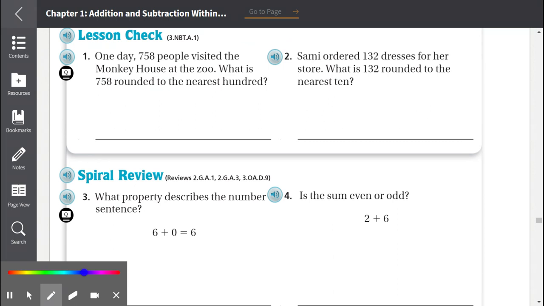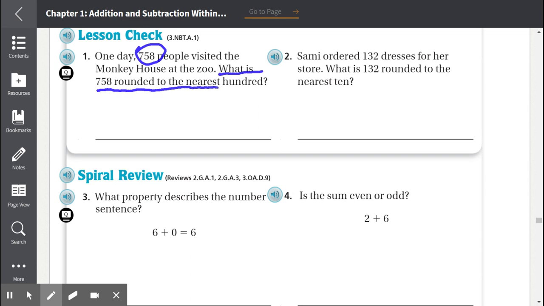One day, 758 people visited the monkey house at the zoo. What is 758 rounded to the nearest hundred? So let's find important numbers and keywords. So 758 people visited the monkey house at the zoo. Now, what is 758 rounded to the nearest hundred?